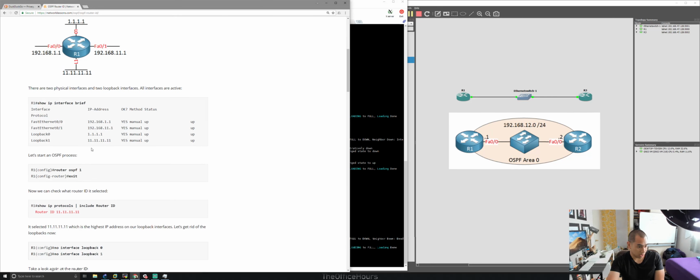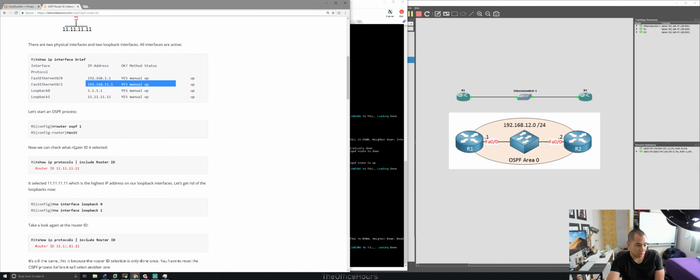If it comes to loopbacks, then loopback 1 will have the highest IP. And if it comes to non-loopback interfaces, it'll be FastEthernet 0/1 that has the highest IP.